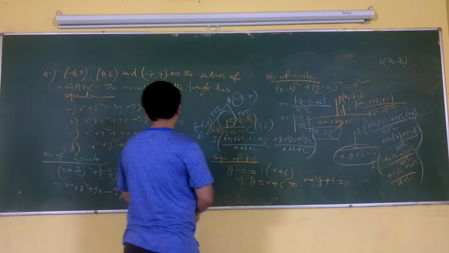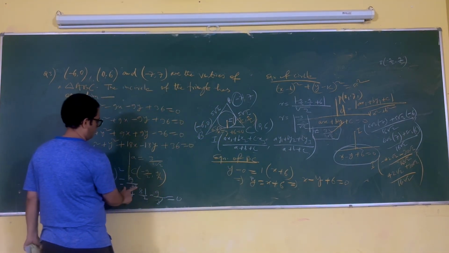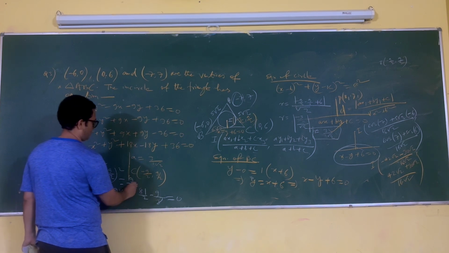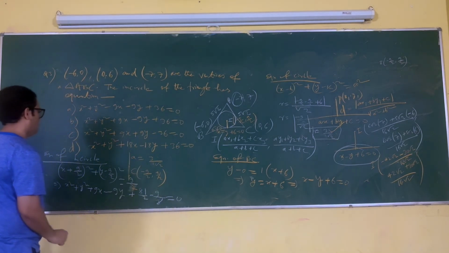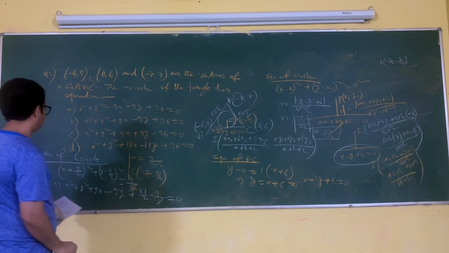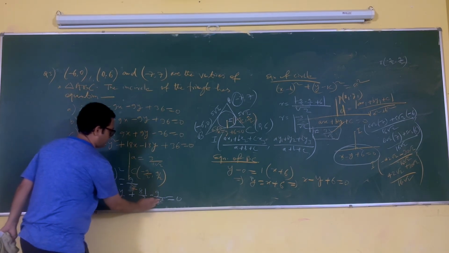So here it will be 9 upon 4. So here it will be 9 upon 2, correct. 9 upon 2. So 81 and this.